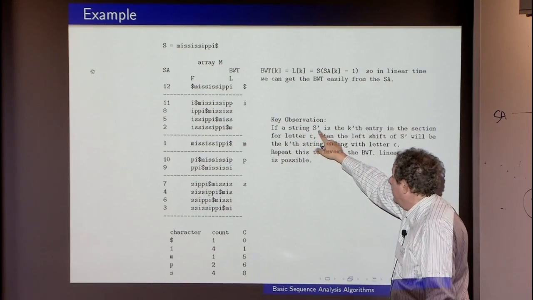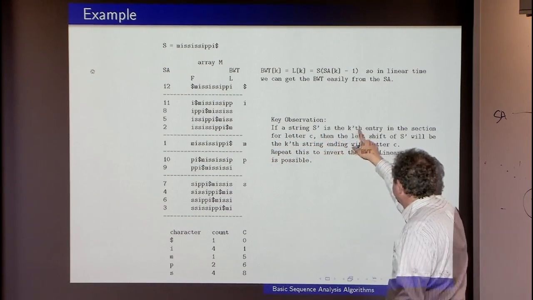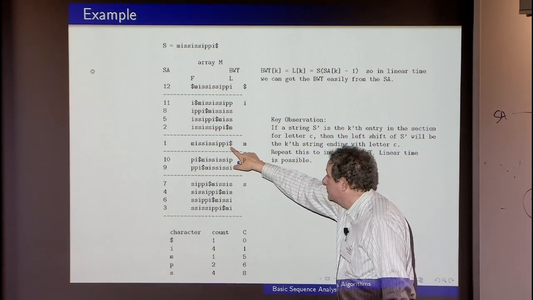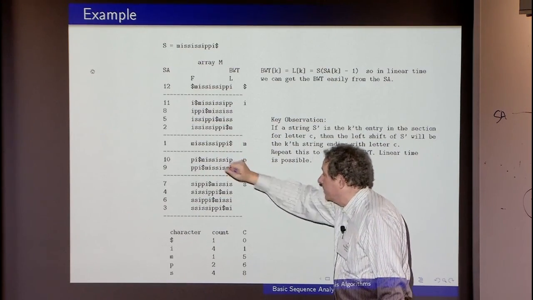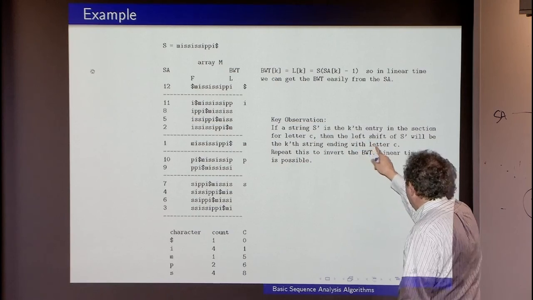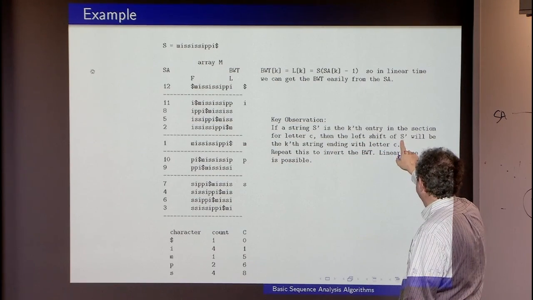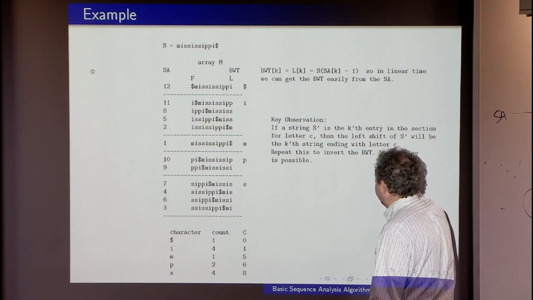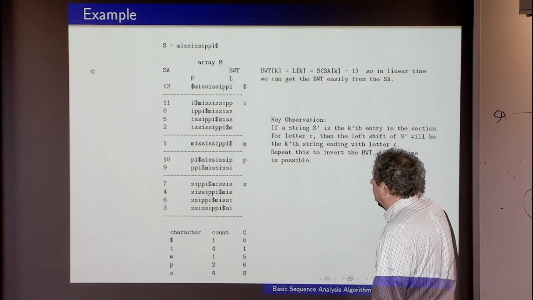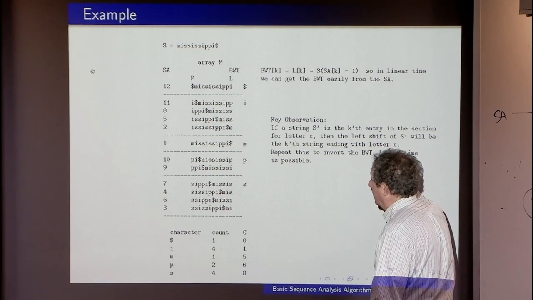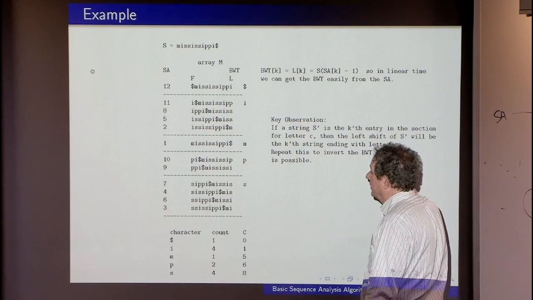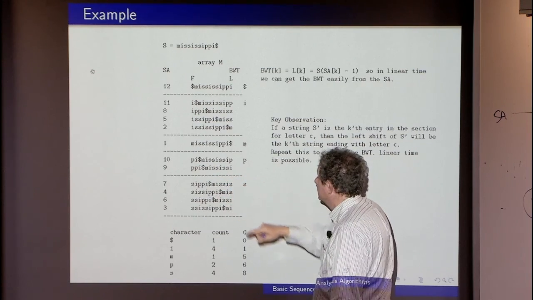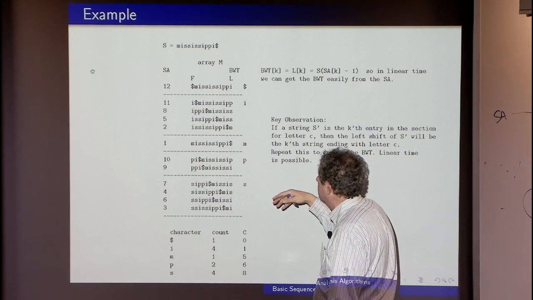If S prime, which is this thing now, is the kth entry, now the first entry, in the section for letter C, which is now M, sorry, then the left shift of S prime will be the kth, first, string ending with the letter C. And letter C is M.